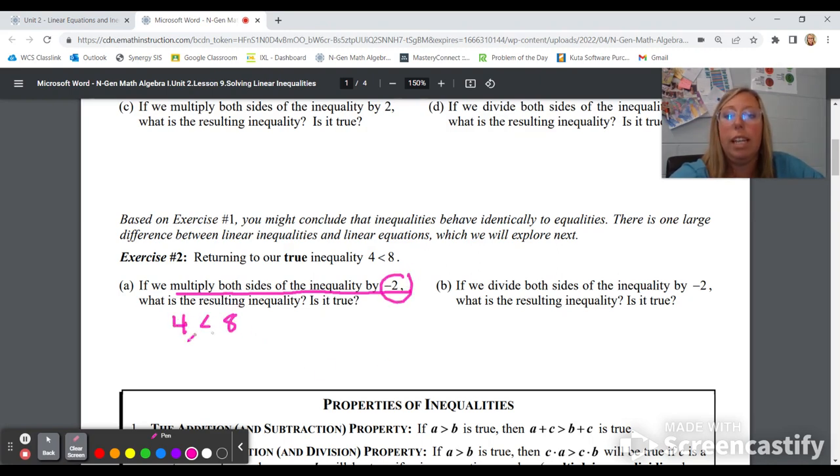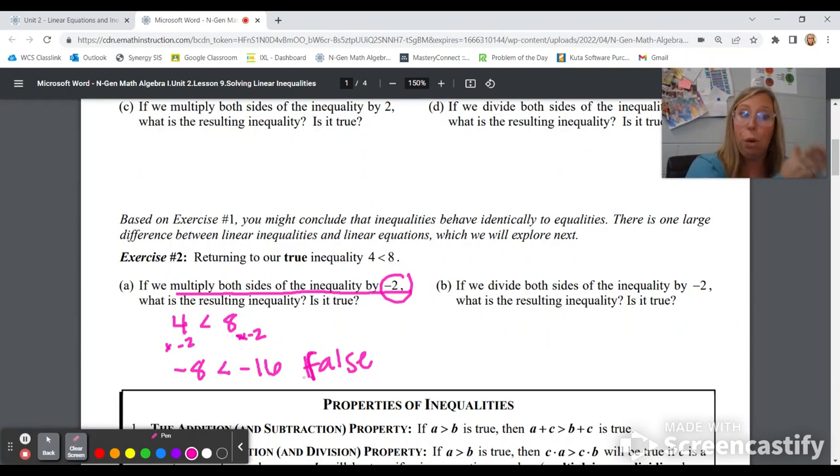So 4 is less than 8 is true, but when I multiply times -2, then it becomes -8 is less than -16, which is not true. Remember from our last lesson dealing with number lines, -8 would fall further to the right than -16, which would mean that -8 is actually greater than -16.